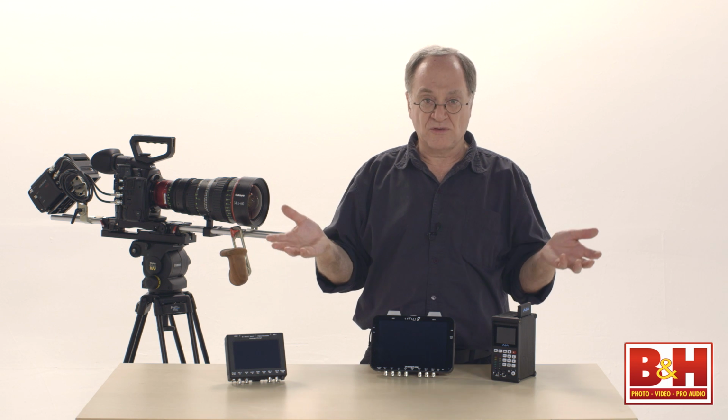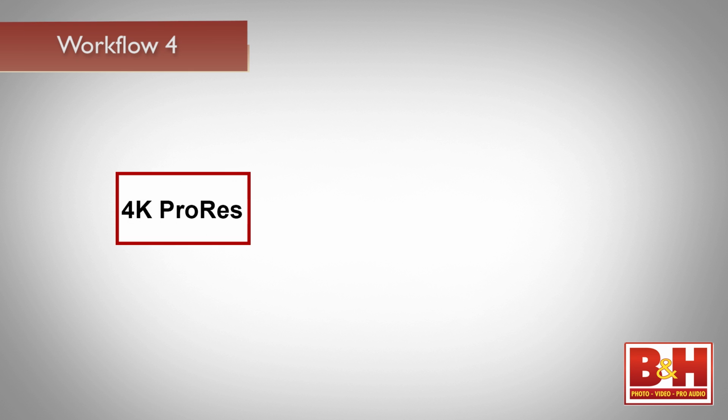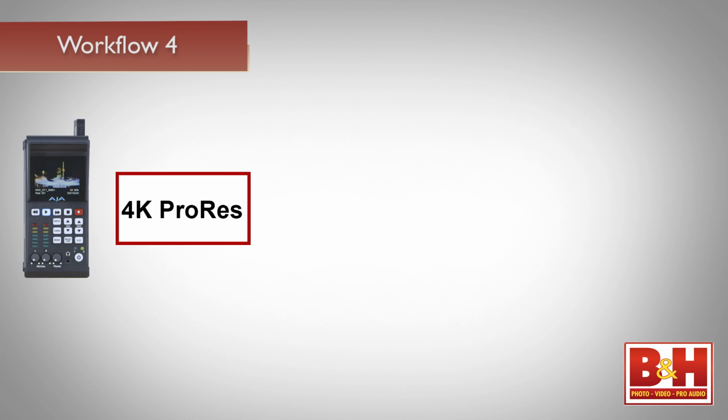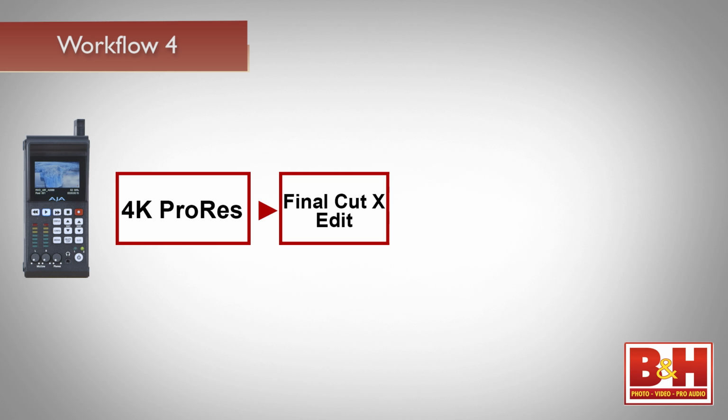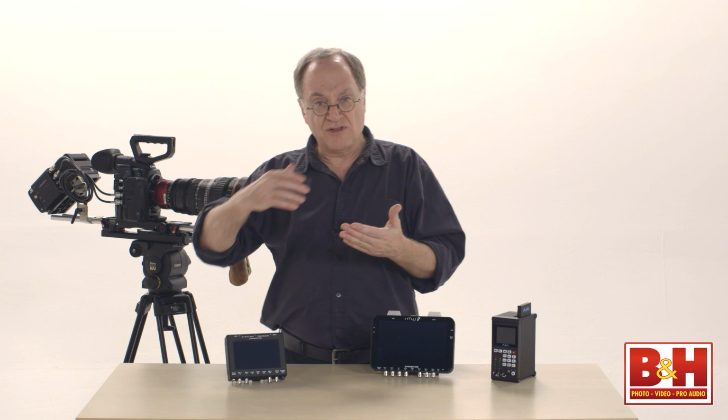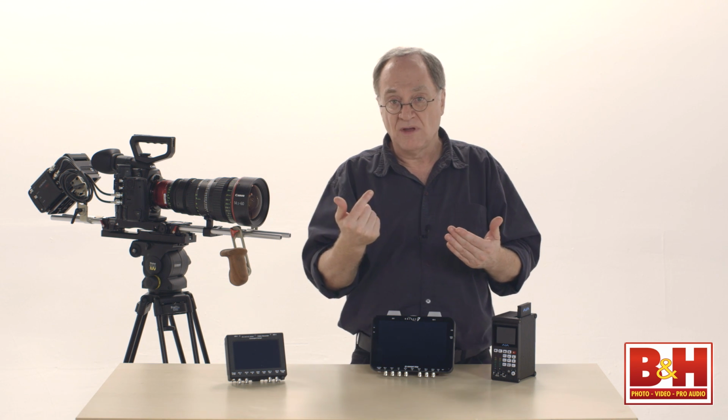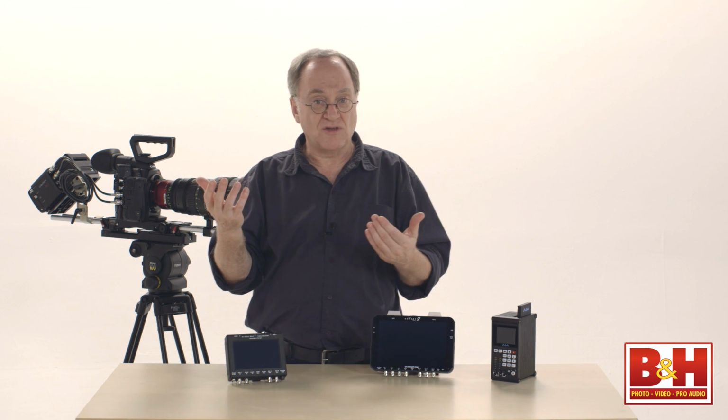Here's a fourth workflow suggestion. You've recorded 4K RAW, and you've recorded it to something like the Aja Keypro Quad, which records to a compressed ProRes. Then you go online, or you could call it offline, either one, because using Final Cut Pro 10, you can easily edit those 4K ProRes files on your NLE. This is a workflow that doesn't involve Cinema RAW development software.